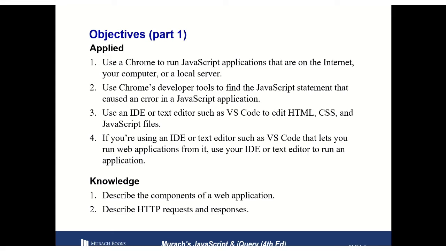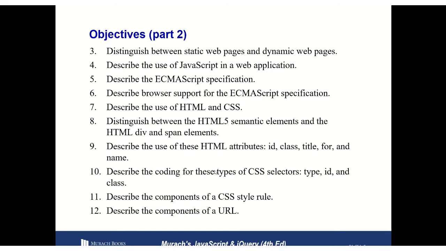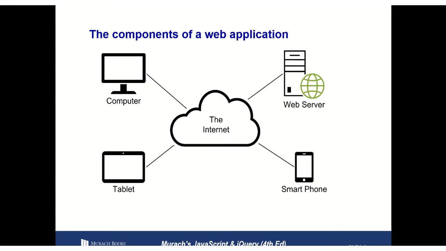We'll use an IDE like VS Code for development, and if you are using an IDE or text editor such as VS Code that lets you run web applications from it, then you can use your IDE or text editor to run an application. There are multiple objectives. The slides are available, so please go through the objectives, and it will be clear what we are going to learn in this chapter.